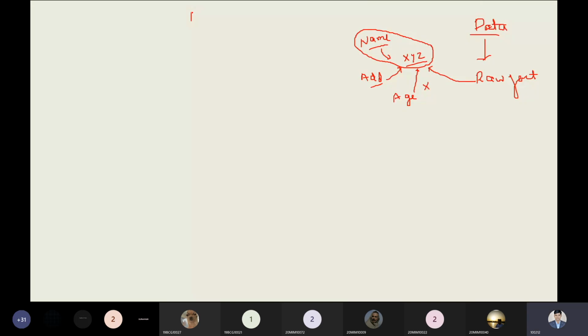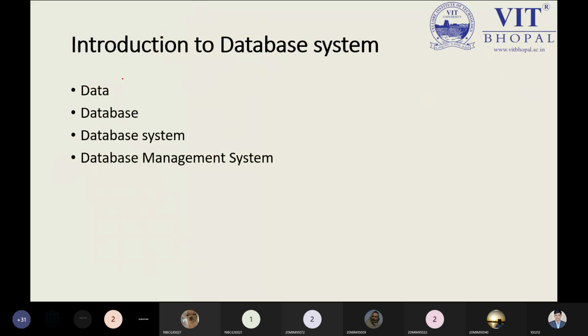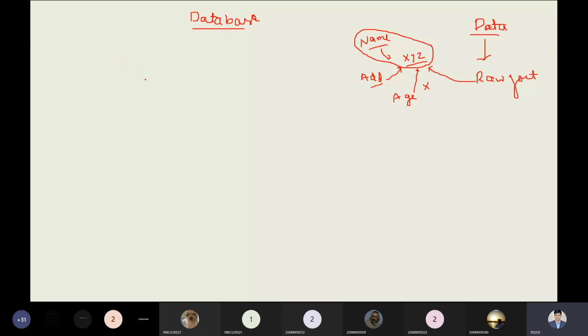The next point is databases. We need some base to represent our data properly, and you have seen what is meant by tabular information, like student information and teacher information in tabular form. So if I am representing some information, let me take a simple example for faculty, because I have taken student data many times.